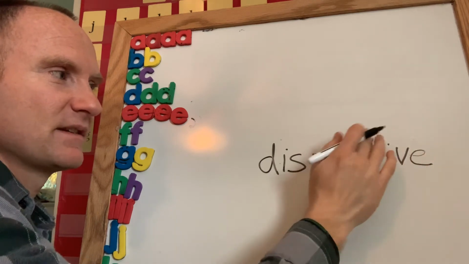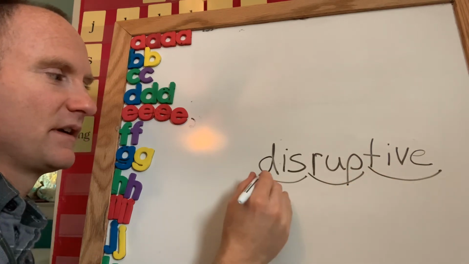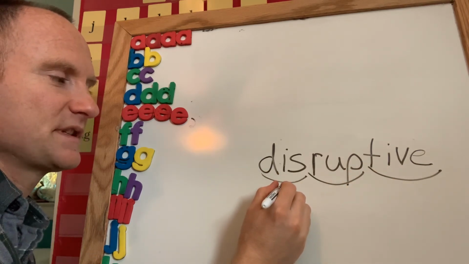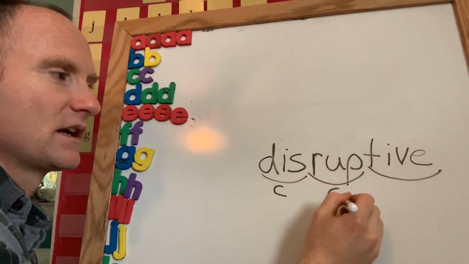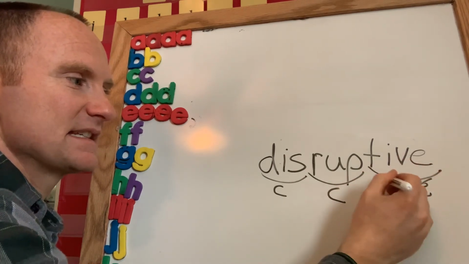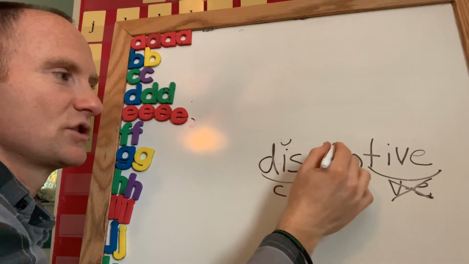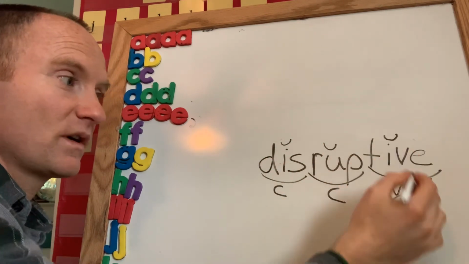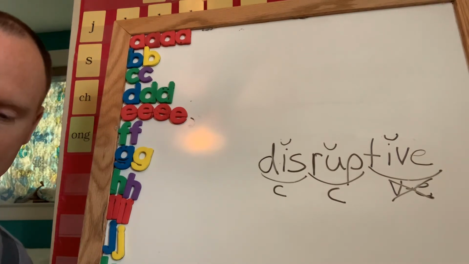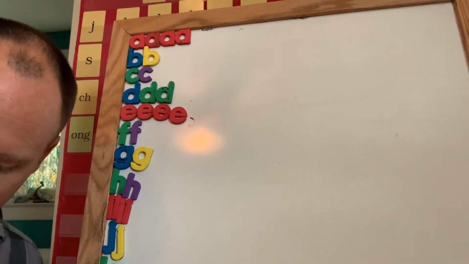Do you see it? Okay. Disruptive. This is a what type of syllable? Closed. This is a vowel consonant E exception. And what type of vowel? Short, short, and short, because it's the exception, right? Okay. All right. Let's stop there for the words.